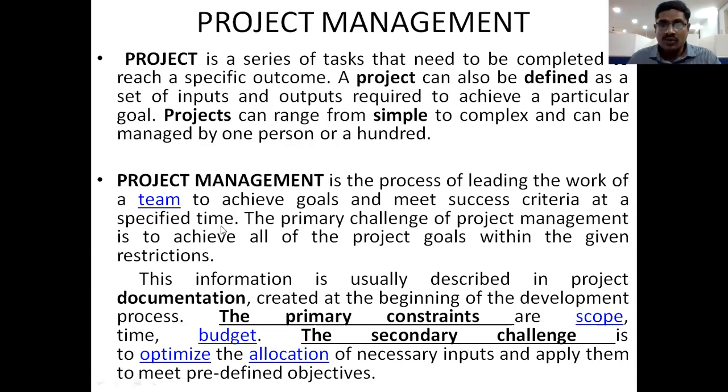Now coming to project management. Project management is managing or maintaining the project, the contract or the tender.